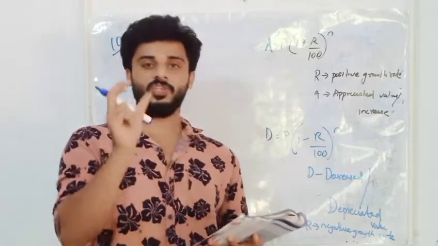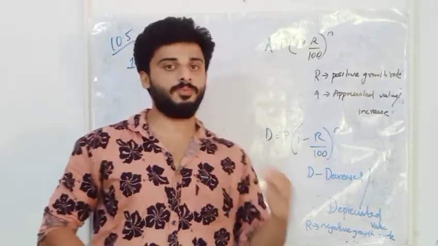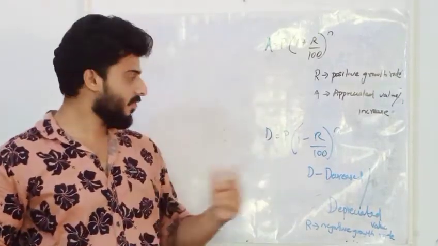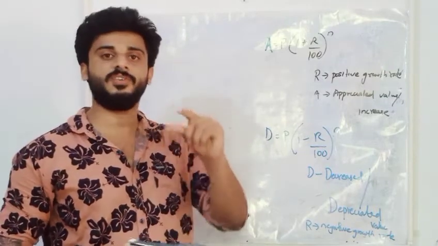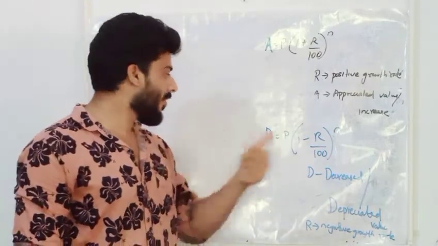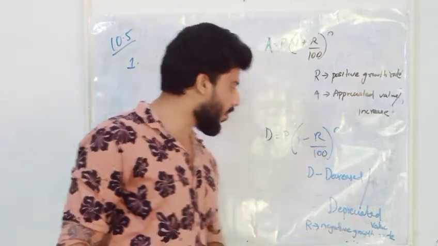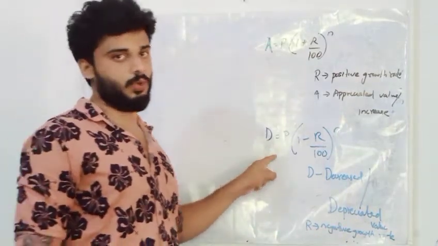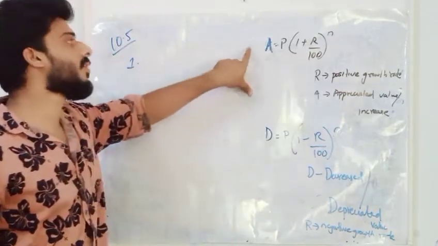In the question, it is clearly given that it depreciates. Depreciates means decreased. At what rate? It is decreased at a rate of 10% per annum. So, in the case of a decreased or depreciated value, we are going to use this equation. These two equations are regarding this exercise.